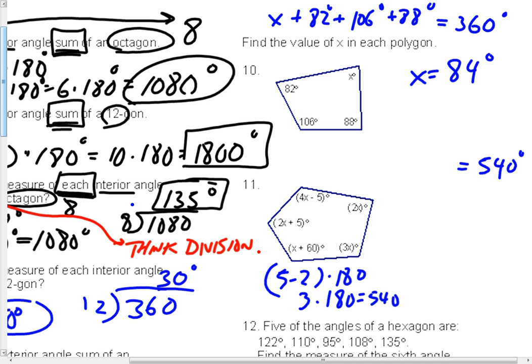I have other things inside, but it doesn't matter. I'm still doing the same thing that I did up here. I'm adding up my components. I've got 2x plus 5. I've got a 4x minus 5. I've got a 2x in here. I've got an x plus 60. And I've got a 3x.